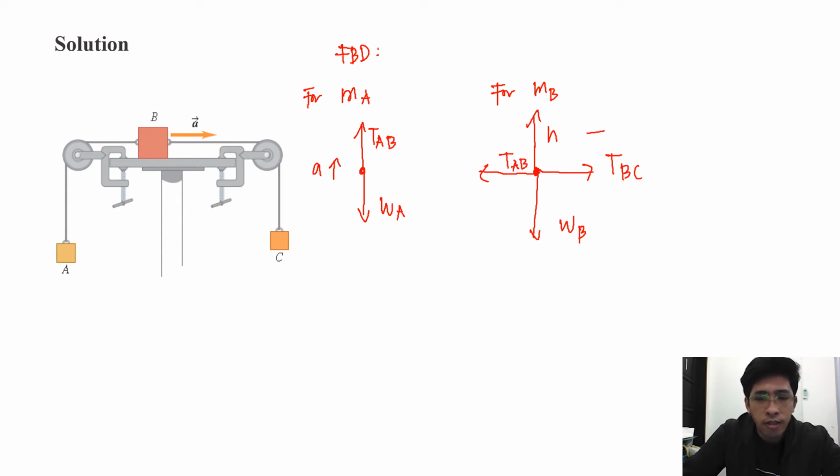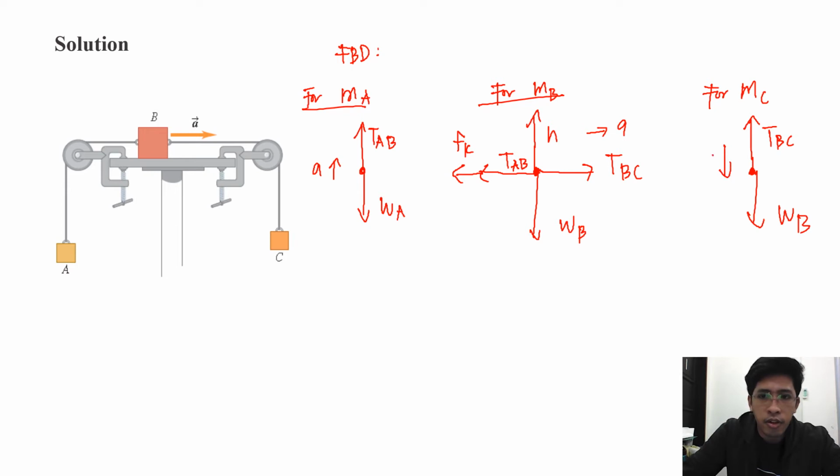But when block B moves to the right, the kinetic friction also acts. So we can add here another force, the kinetic friction Fk, acting on block B. And for block C, we just have the tension TBC, and we have the weight of block C in the direction of the acceleration, which is downwards.